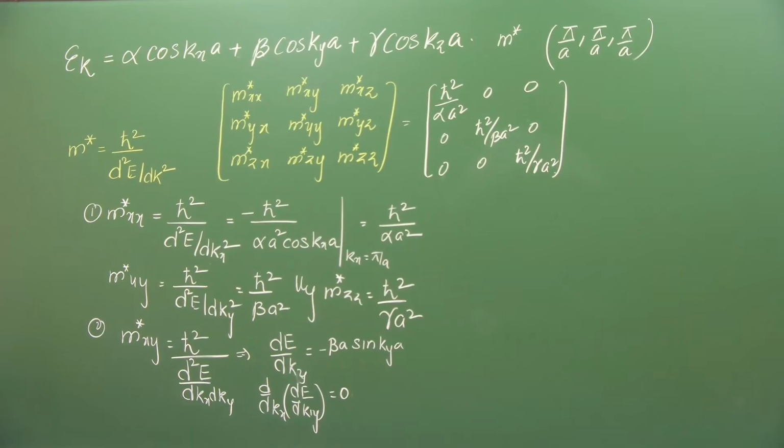Which one? Answer is given as h cross square by a square into 1 by alpha 0 0, 0 1 by beta 0, 0 0 0 given. What is this 0 0 0? Infinity.